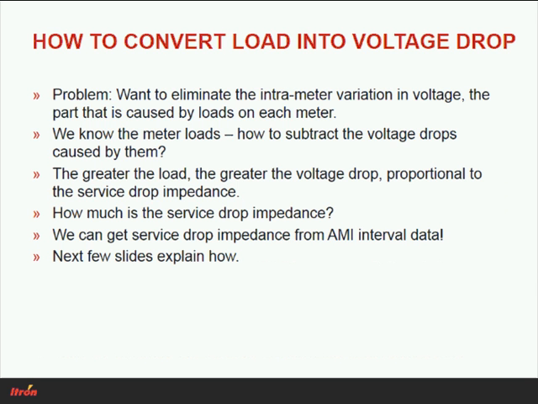Well, we know the loads. We record them at the same time in kVA, but how do we convert kVA loads to voltage drop? Ultimately, that has to do with the service drop impedance. If we knew the service drop impedance, we would know how many fractions of a volt every kVA corresponds to in voltage drop. But that's a tall order, and we don't really know the impedance.